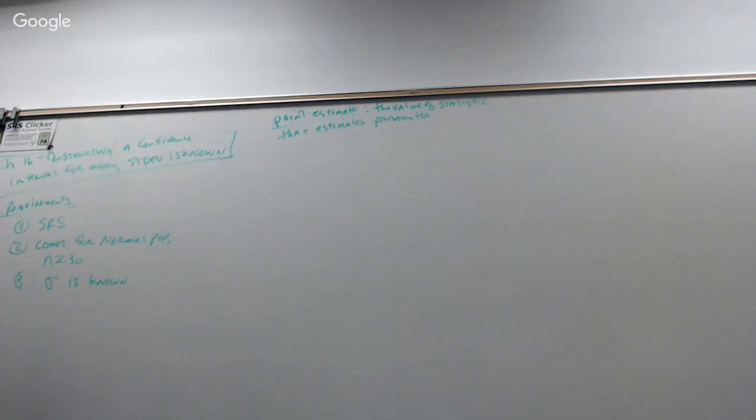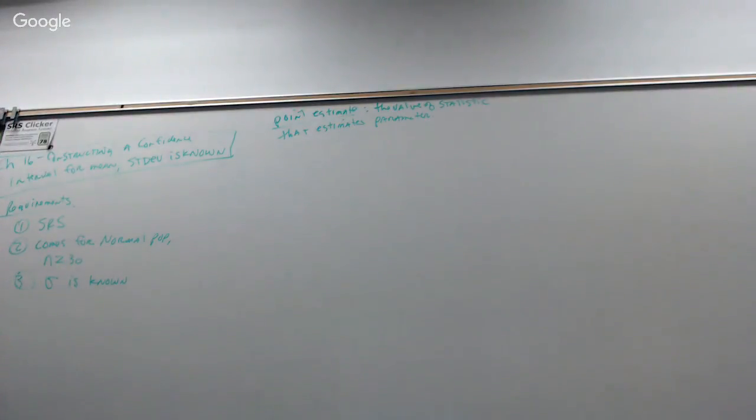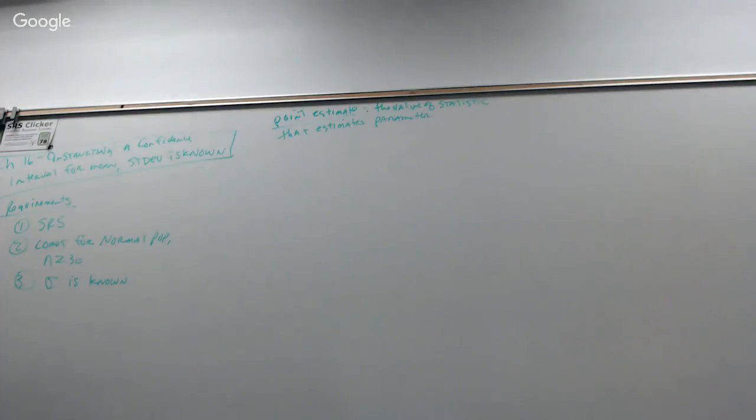So can you guys give me an example, and if you want to look back at Tuesday's lecture, an example of a point estimate? I think I gave you 3 examples. I know it's in Tuesday's lecture. I want you to give me an example of a point estimate, which is a statistic.